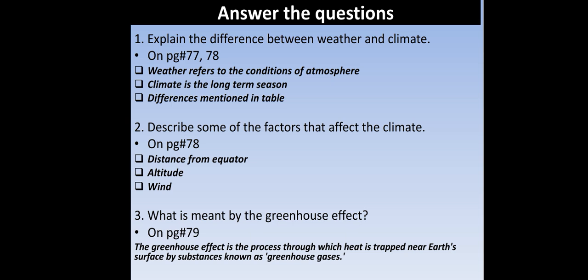Next, we have described some of the factors that affect the climate. It is again on page number 78. All these three points: distance from the equator. As we've discussed, the sun's rays fall vertically on the equator, due to which the heat here is higher. As you move away from the equator, the intensity of heat decreases. The next point is altitude.